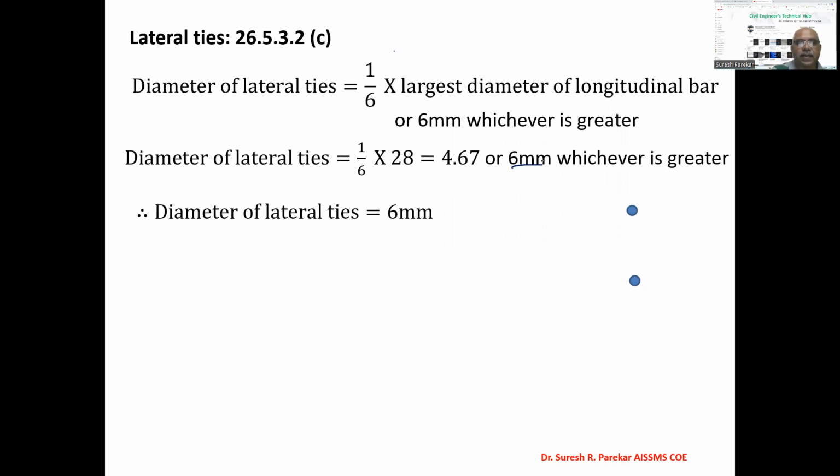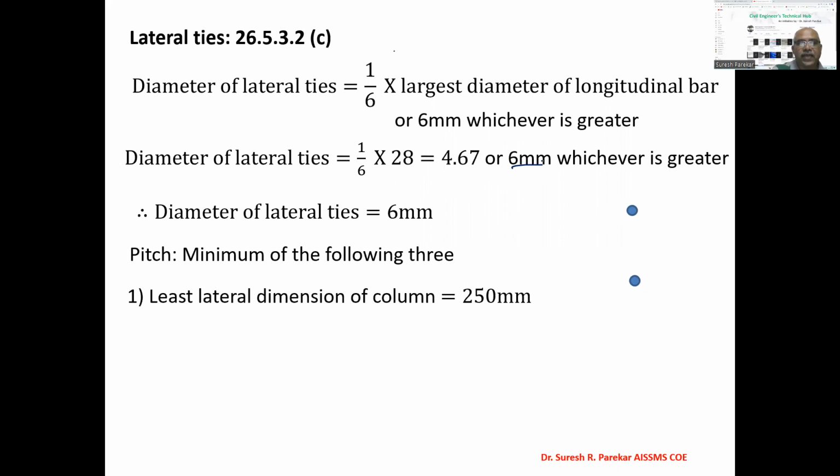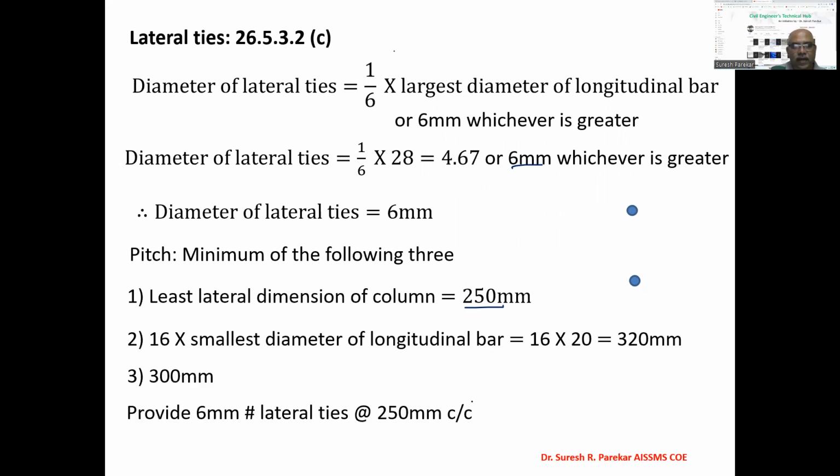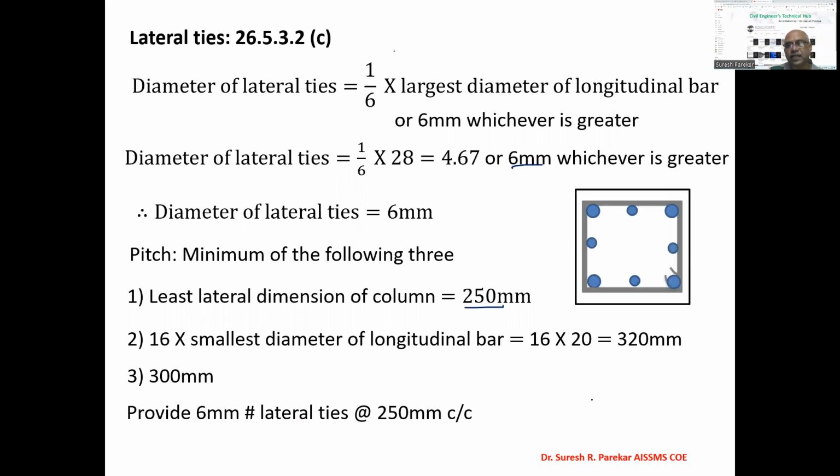So we will use 6 mm lateral ties, and pitch we have the minimum of the 3. So this will be 250, which is the least lateral dimension. Then 16 into the smallest diameter, we have 20, so 320, and 300 mm. So we will provide 6 mm lateral ties at 250 mm center to center, and we will have the diagram in this fashion.